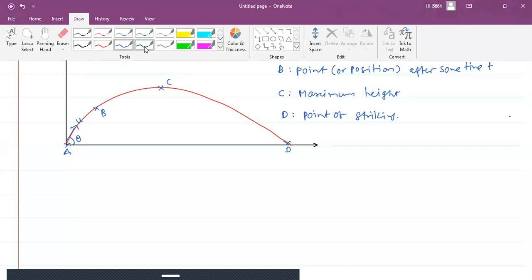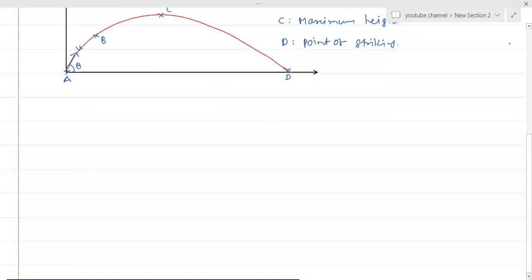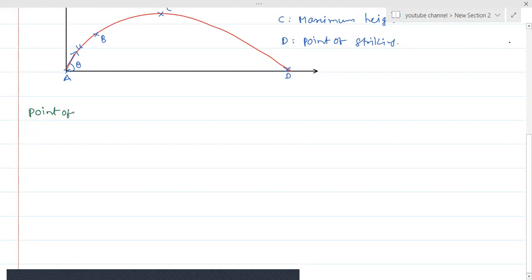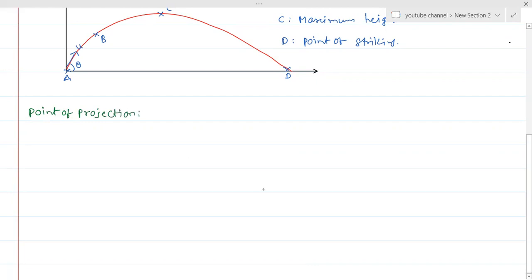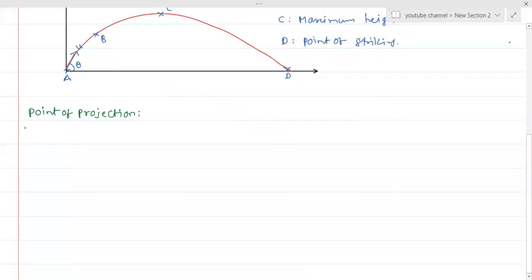So now we will discuss one after the other. First we think of the point of projection. At the point of projection, what are the available parameters, and what are the different models of questions that will be asked? We will discuss that right now.